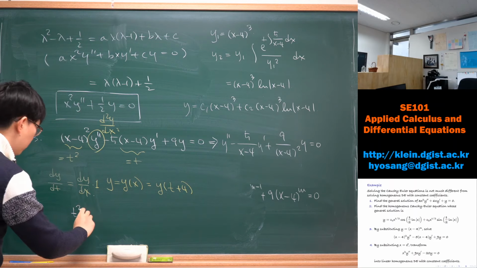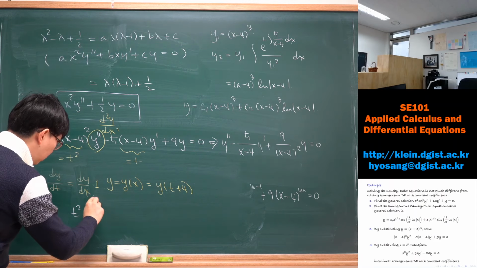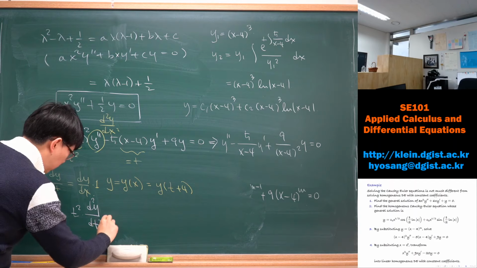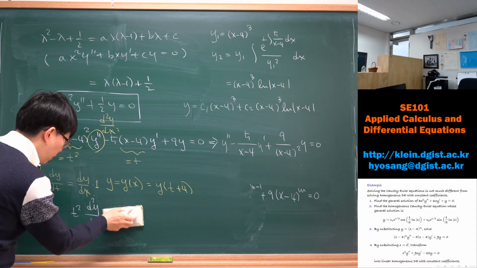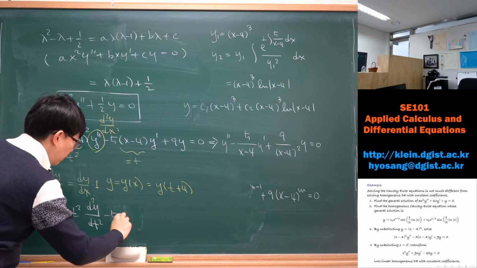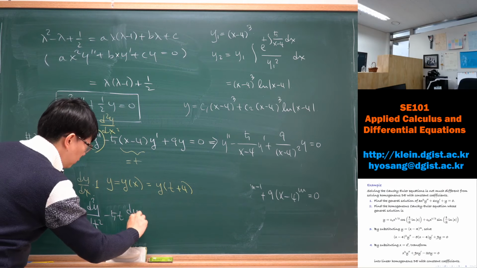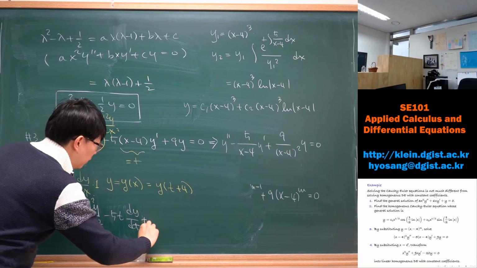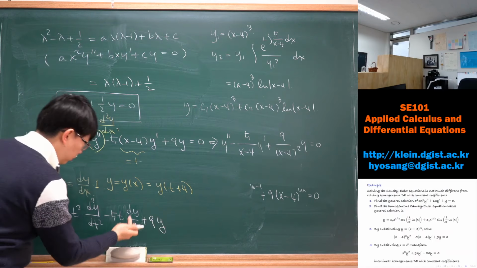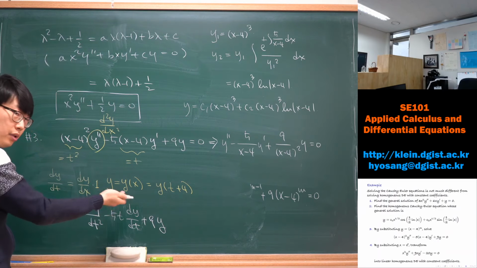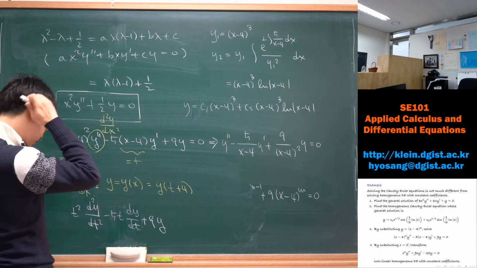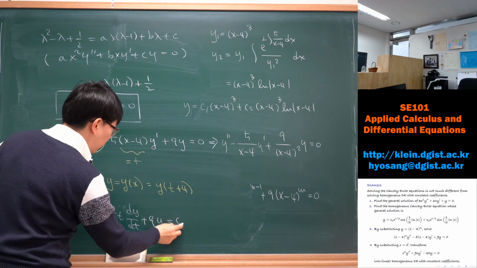So this differential equation is now t squared d2y/dt2 minus 5t dy/dt plus 9y. So these y are now in terms of t. We are talking about the function in terms of t.